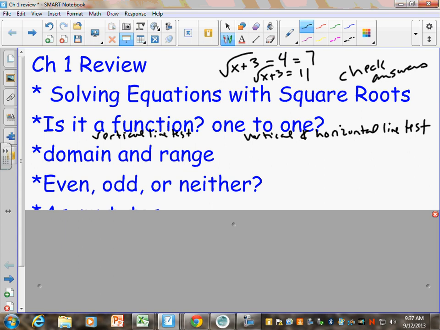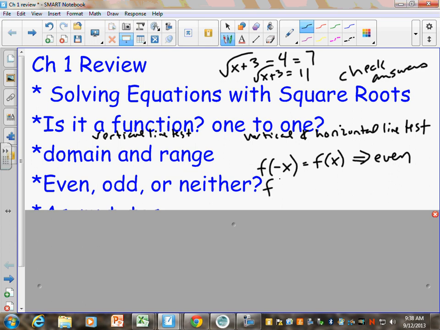Even, odd, or neither. It's been a while since we've done that, but I definitely have that on your test tomorrow. Remember, there's a test for this, and it's all about plugging in negative x into your problem. If it's even, when you plug in negative x, nothing changes. That means it's an even function, like x squared.